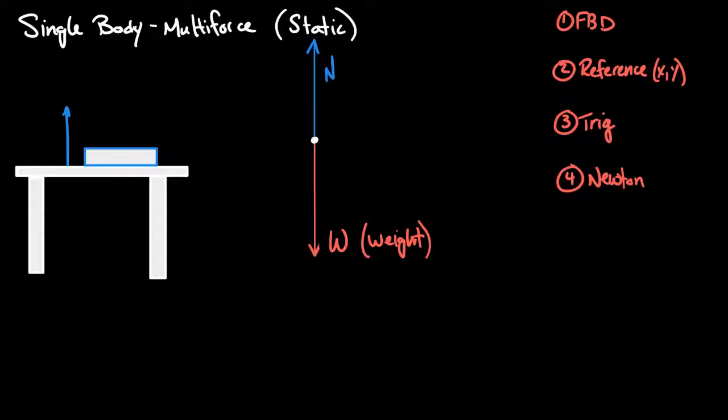Next, reference. When we actually go to solve the problem, reference is probably the second most important thing you can do. Deciding reference is important. And generally, when we say reference, we're talking about an X, Y coordinate system. So I'm talking about making sure that I choose an X direction and a Y direction that makes sense. There's 2 priorities you should consider. The first is try and choose one that's convenient, that's lined up with as many forces as possible.